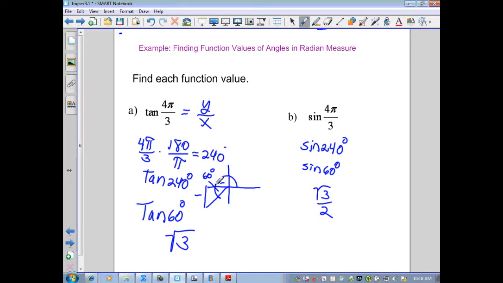We've already done some of the work here: we know that sine is y over r. And in quadrant 3, y is negative and r is always positive. So a negative divided by a positive is going to give us negative square root of 3 over 2 for the solution.